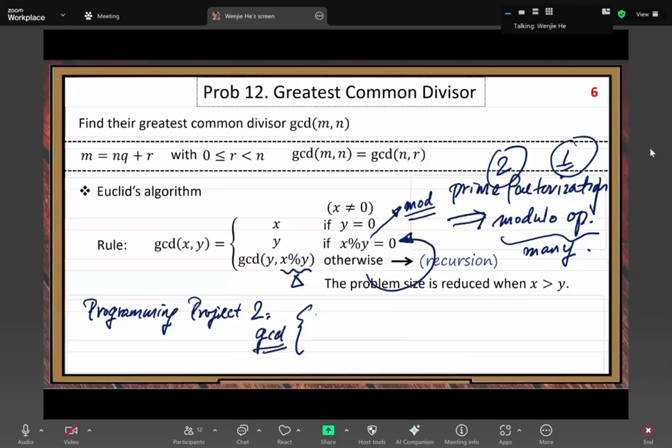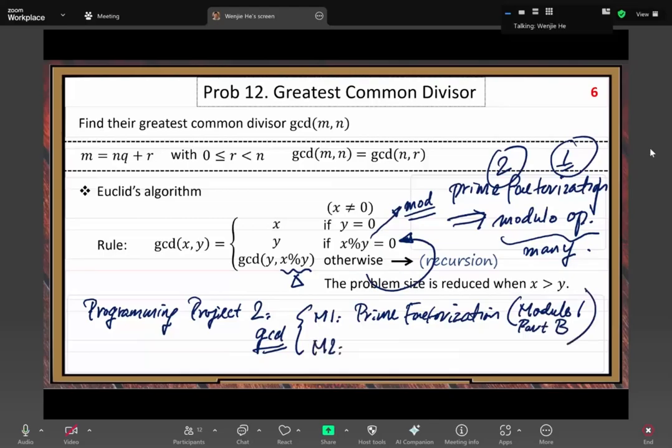The first method to calculate GCD is prime factorization, remember our Module 1, Part B. Then method 2, Euclid's algorithm.